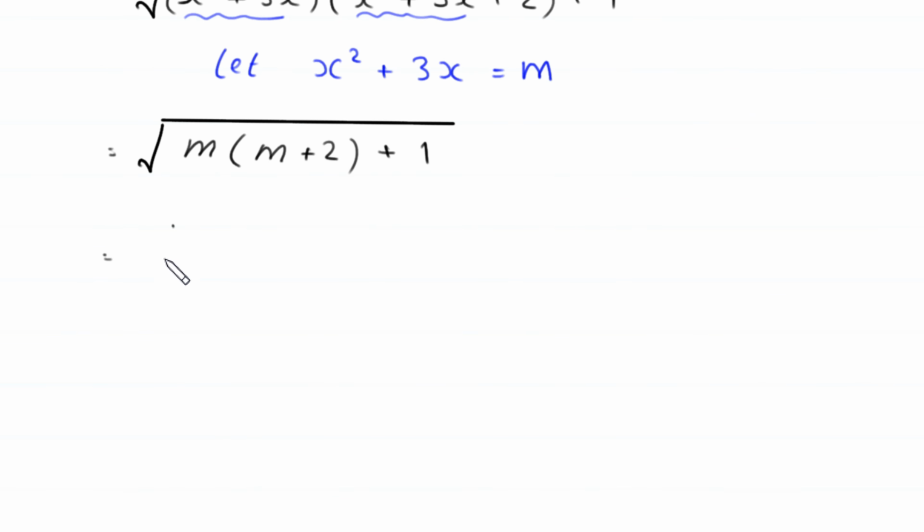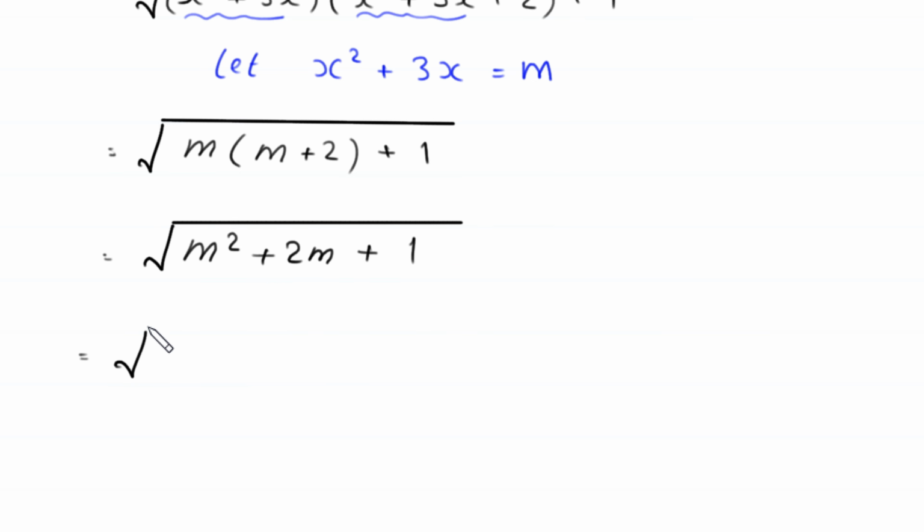Next, square root of, now this m times m is m squared, and m times plus 2 is plus 2 times m, plus this 1. Now this expression can be written as square root of m squared plus 2 times m times 1 plus this 1 is same as 1 squared.